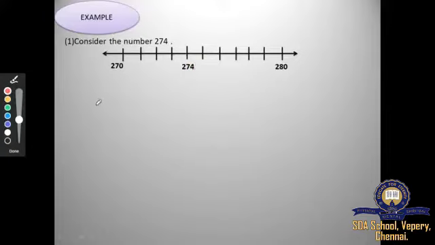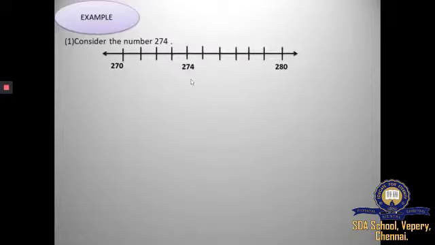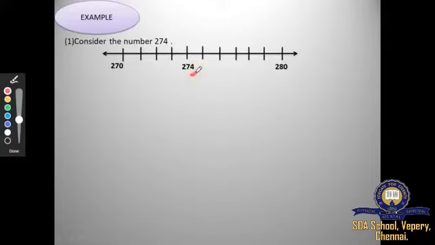So, if the digit at the ones place is less than 5, then replace the ones digit by 0 and keep all other digits as they are. So we replace the ones digit, that is 4, by 0. So we round off 274 as 270, correct to the nearest tens.